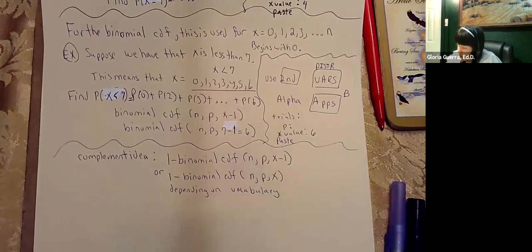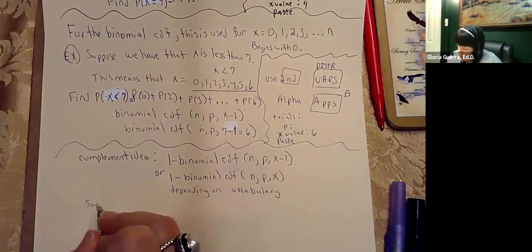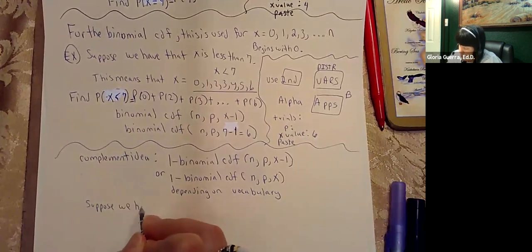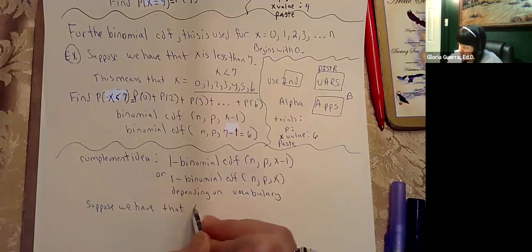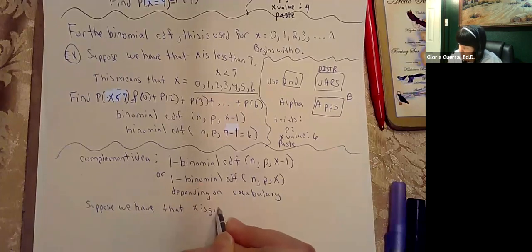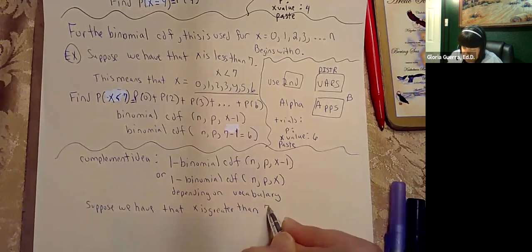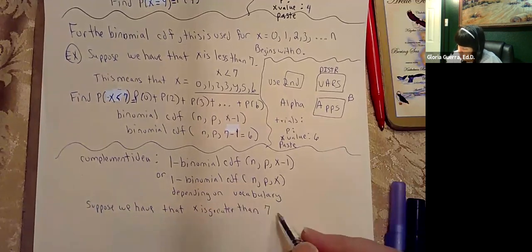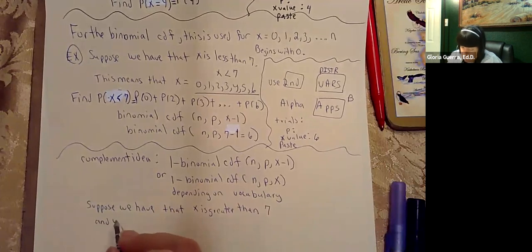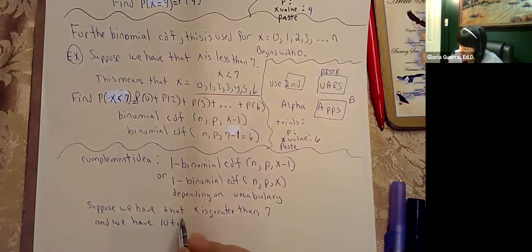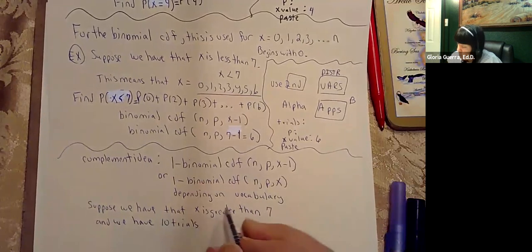And suppose we have that x is greater than 7, and we have 10 trials.